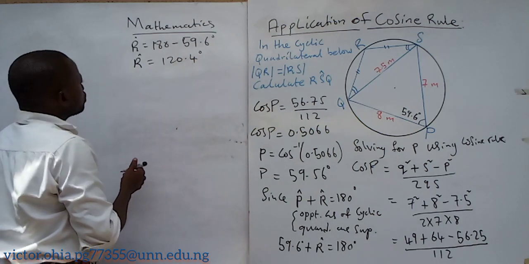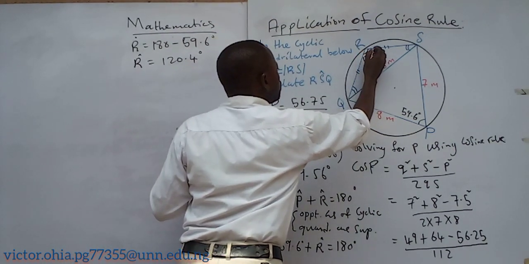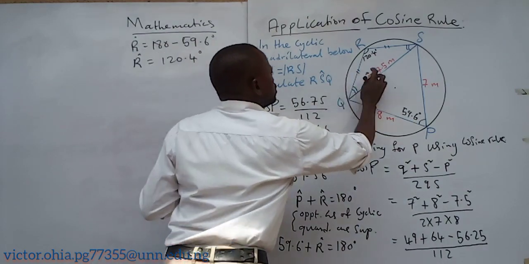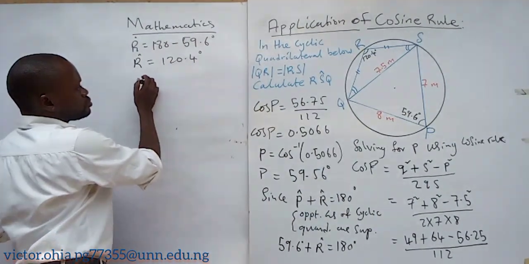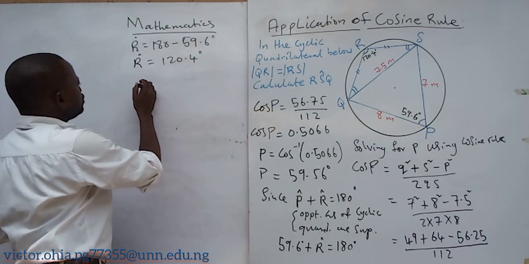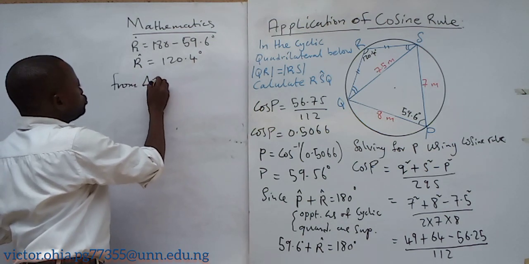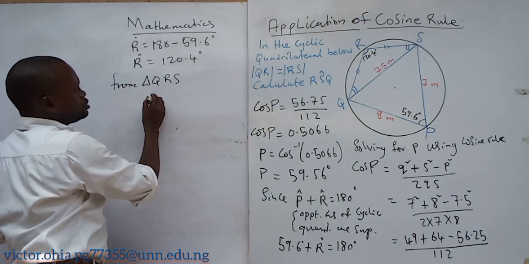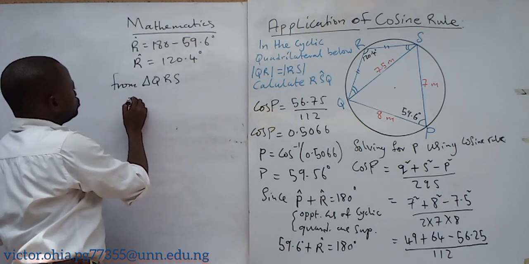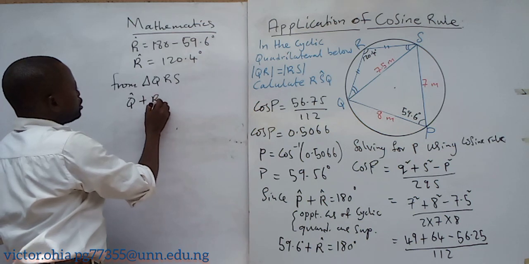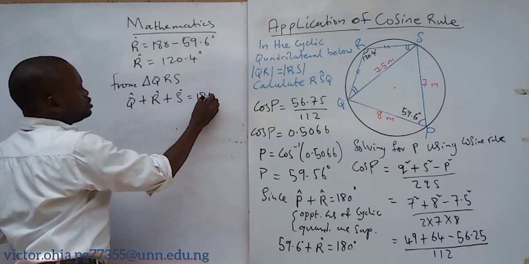So if this angle here is 120.4 degrees, the base angles will be equal by the explanation I gave previously, and we can now say that from triangle QRS, the angle at Q plus the angle at R plus the angle at S is equal to 180 degrees.